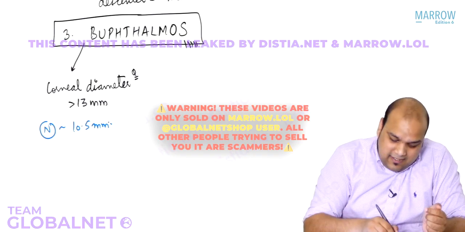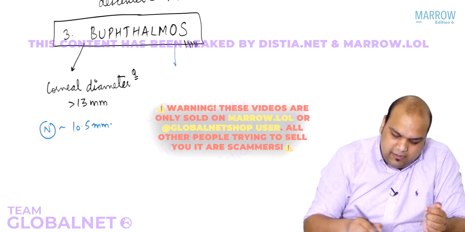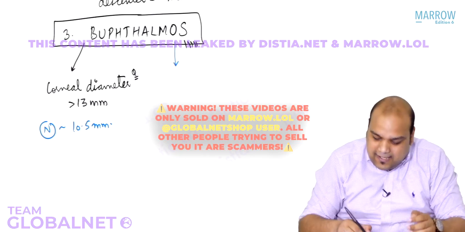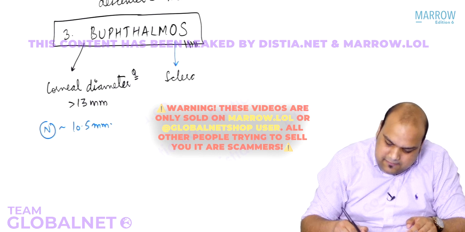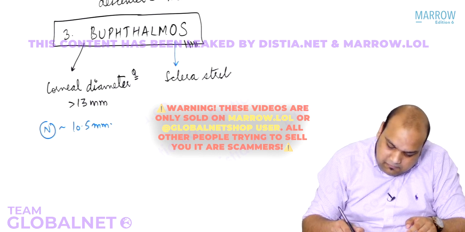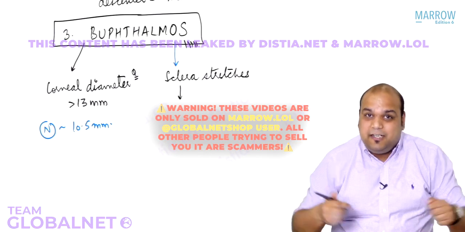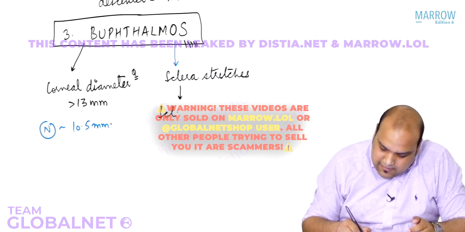Secondly, even the sclera is getting stretched out. Yes? So when the sclera is getting stretched, it is becoming thinner. So scleral thinning is occurring.